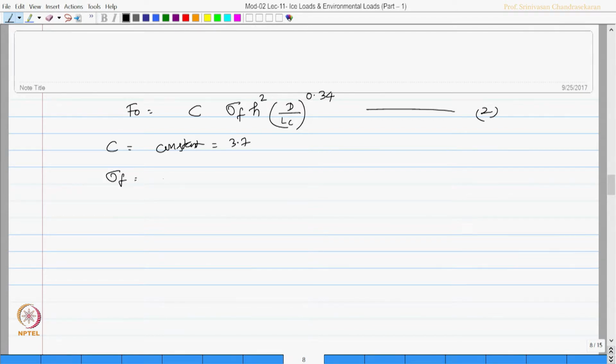Sigma f is ice breaking strength, which is 0.7 megapascal.